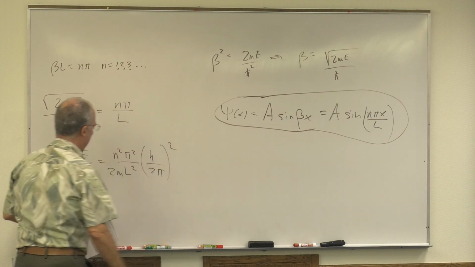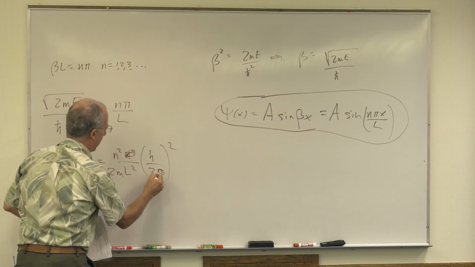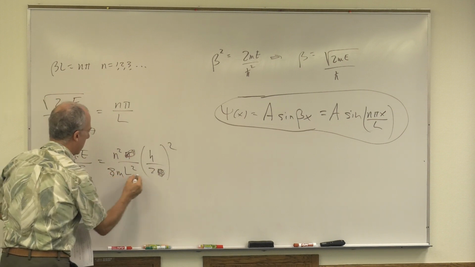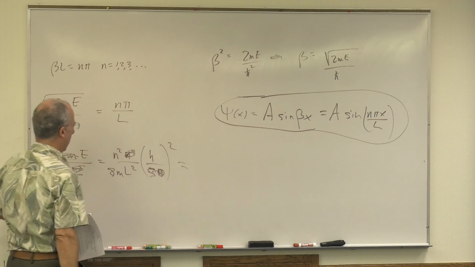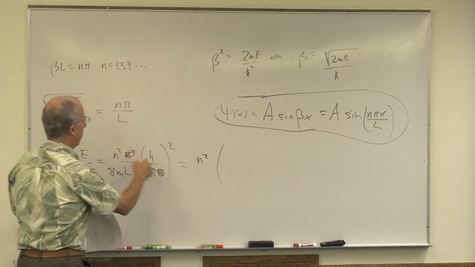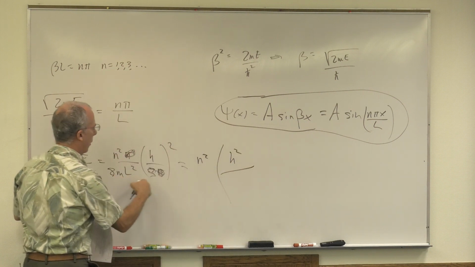We square that, so pi squared kills this pi squared. Then we have 2 squared, which is 4, times 2, which is 8. And so what are we going to get? We're going to get E equals n squared h squared over 8mL squared.